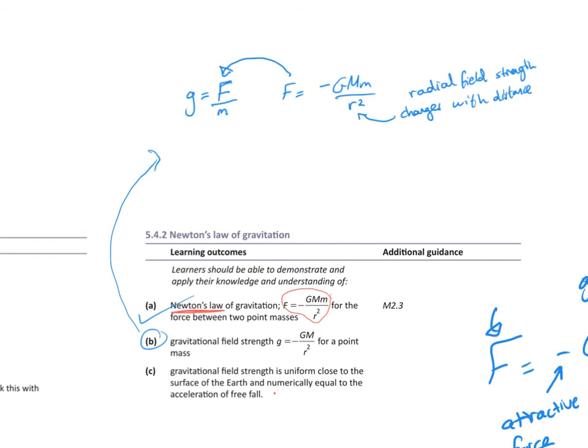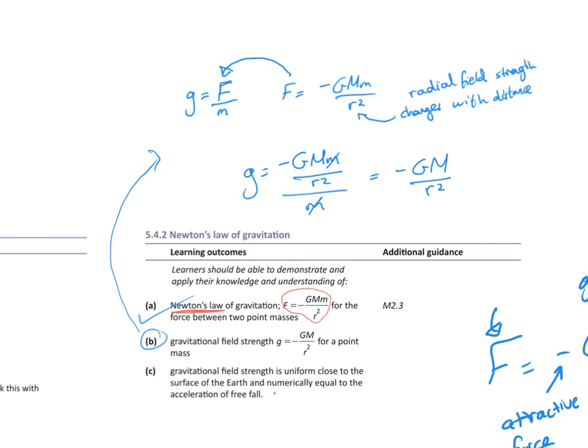It's very important to understand that what we're going to show now is the gravitational field strength in a radial field, not in a uniform field, because obviously you wouldn't expect g to change in a uniform field. So I'll just substitute it in. It's going to be minus GMm over r squared divided by m, which leads to, cancelling out the small m's, an expression of minus GM over r squared.